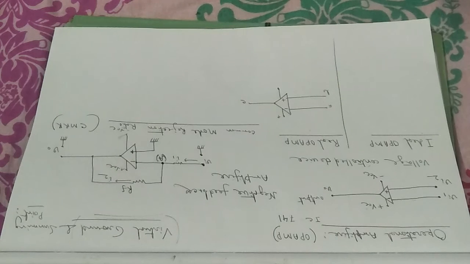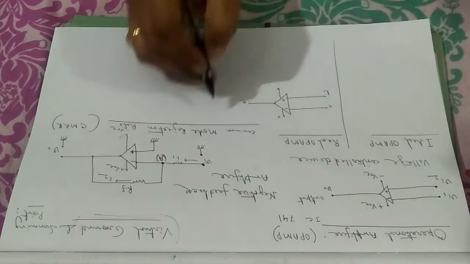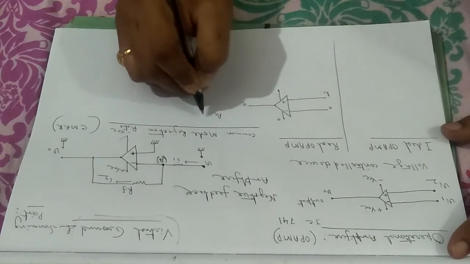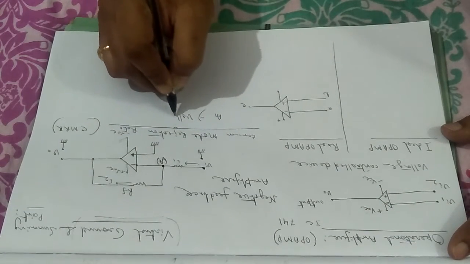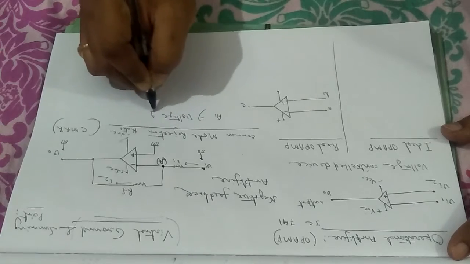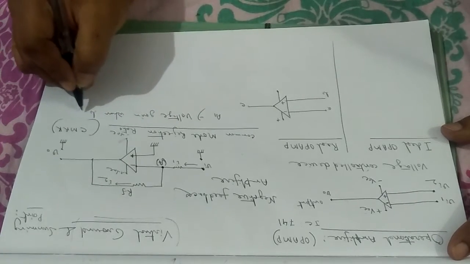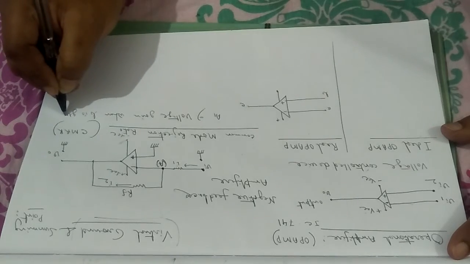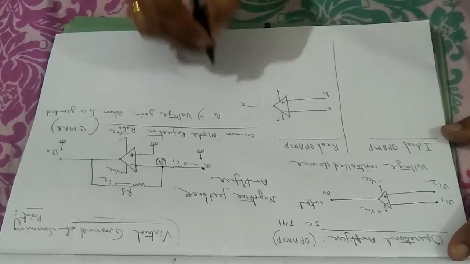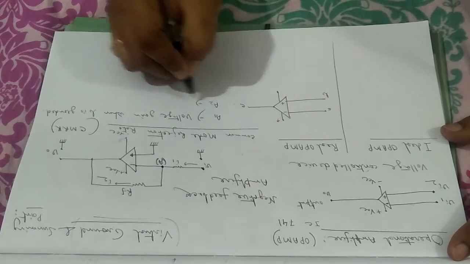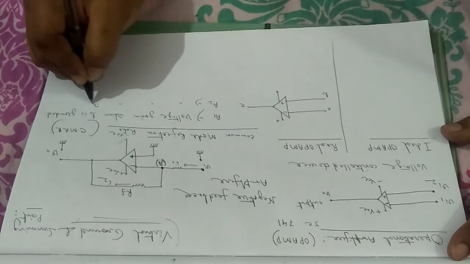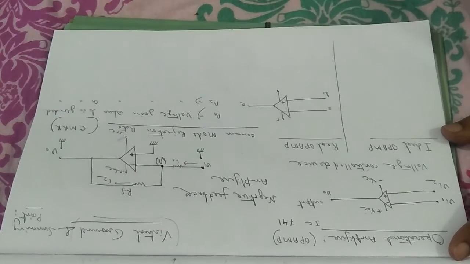So let us consider that the voltage gain when B is grounded, I am writing it, A1 is the voltage gain when B is grounded, and A2 is the voltage gain when A is grounded.